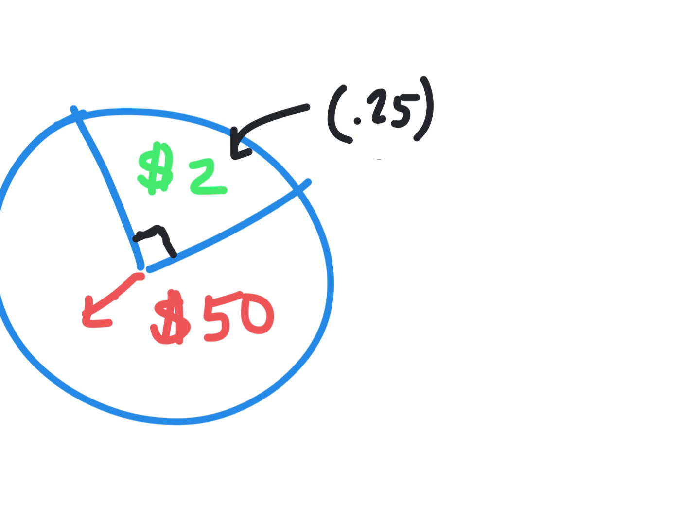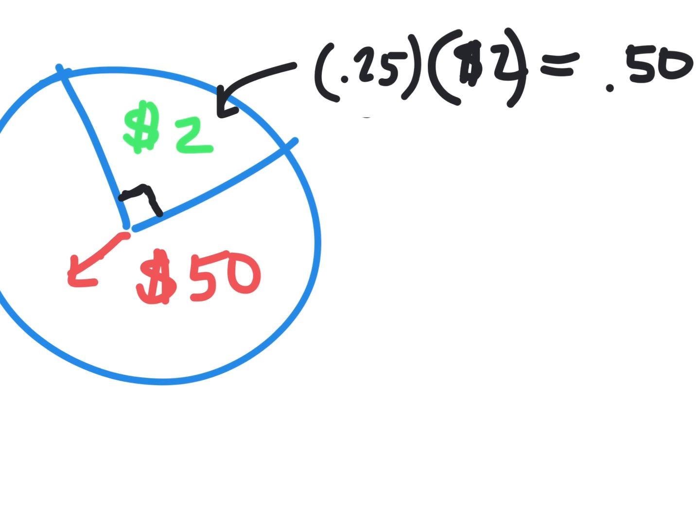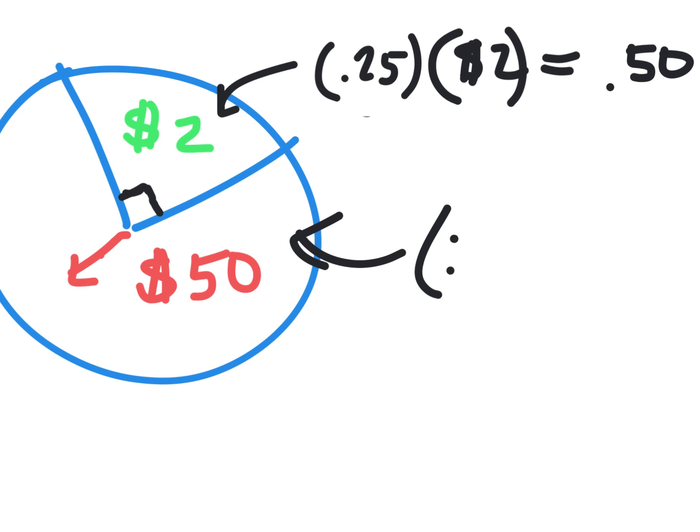Okay, you take the probability if it happens times how much you get if it happens. 25% of 2 is 50 cents. This part, 75% chance you'll hit that on the spinner, and that's 0.75 times 50.